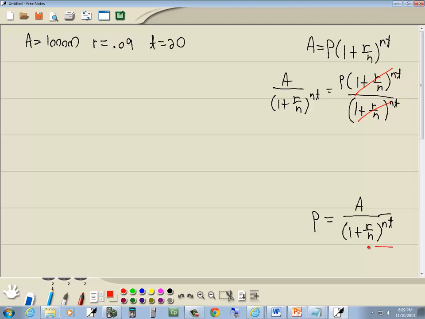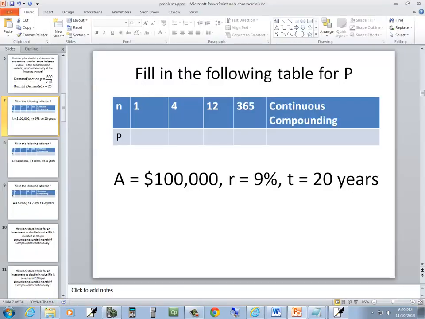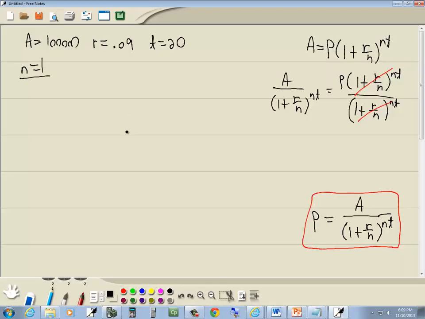Now this is the formula we're going to use for the first four. So our first one, n is equal to 1. We're doing this box right here. Well, we'll plug in everything we're given using this formula right here.